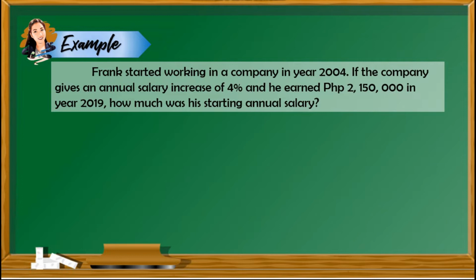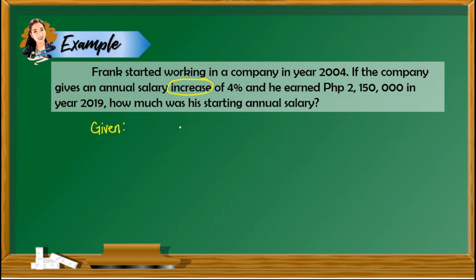Second problem: Frank started working in a company in year 2004. If the company gives an annual salary increase of 4% and he earned $2,150,000 in year 2019, how much was his starting annual salary? This problem is an example of exponential growth. It is because of the keyword increase. Now, let us list down the given values.